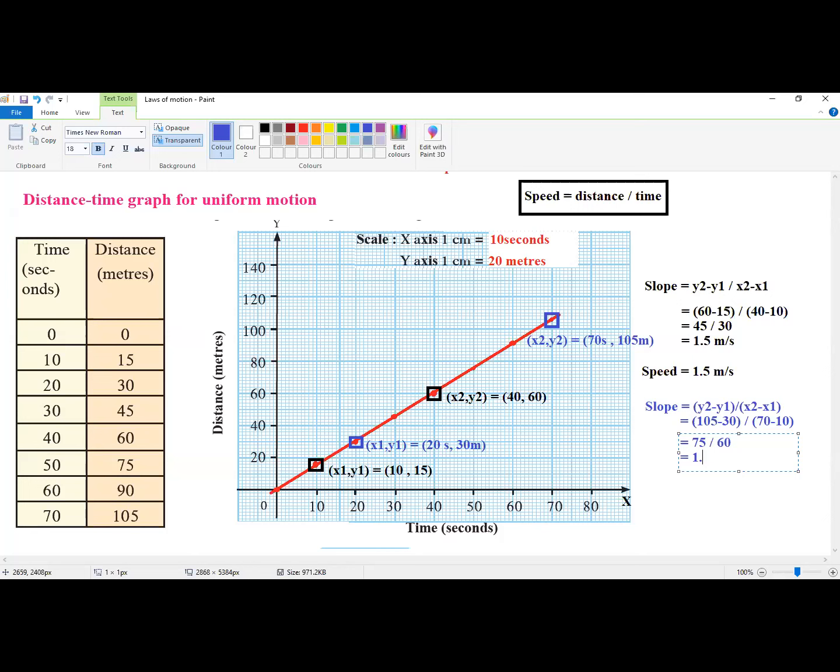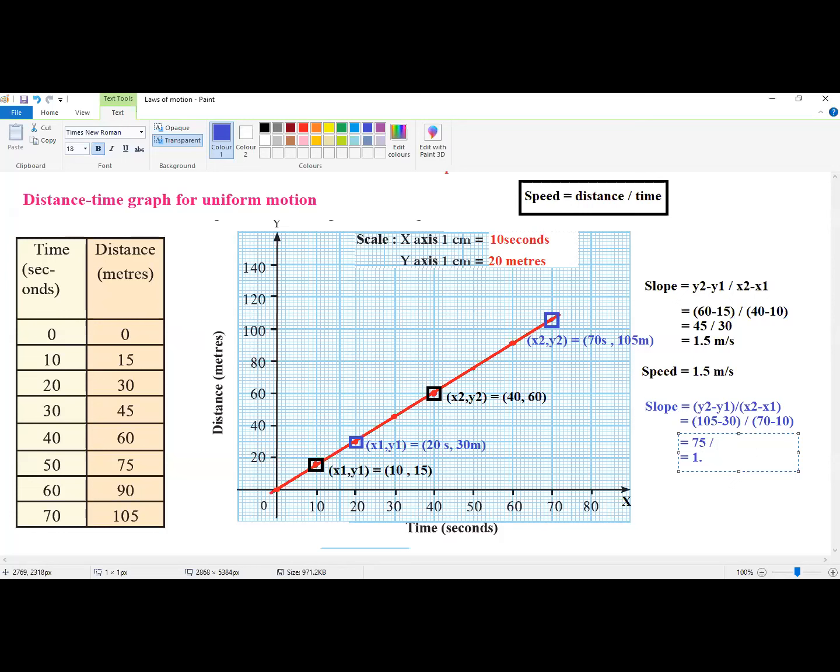It is 20 and it is 30. Just a moment now. I'm not fine. 75, and this one is 70 minus, not 10, not 20, sorry.